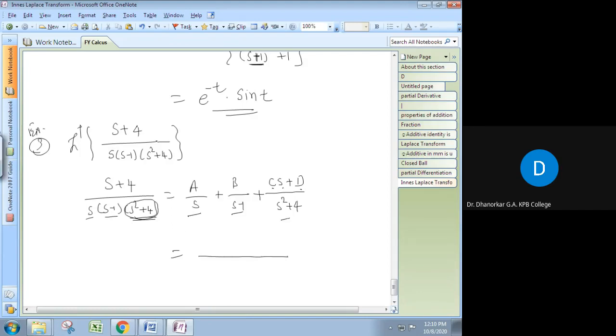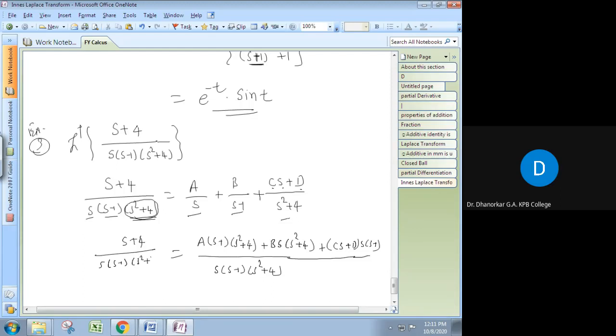This is our LCM: s into s minus 1 into s square plus 4. A into s minus 1 into s square plus 4, plus b into s into s square plus 4, plus cs plus d into s into s minus 1, all divided by s into s minus 1 into s square plus 4.